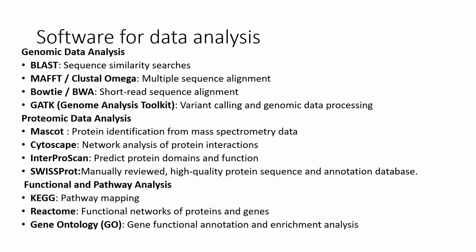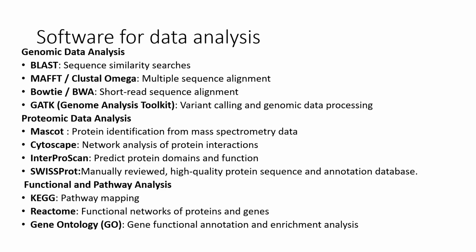Then we come to proteomic data analysis, which includes Mascot, for protein identification from mass spectrometric data. So those proteins which are being studied using mass spectrometry are identified using Mascot. Cytoscape is another software for data analysis, and it involves network analysis of protein interactions.